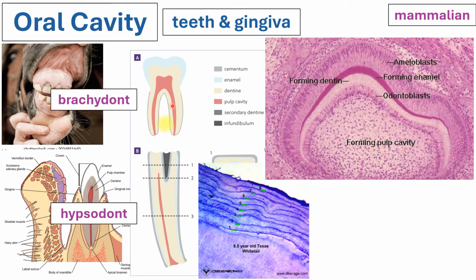For the cementum, in some animals that are usually in the wild, such as your deer and your bear, the number of layers of the cementum actually corresponds to the age of the animal.